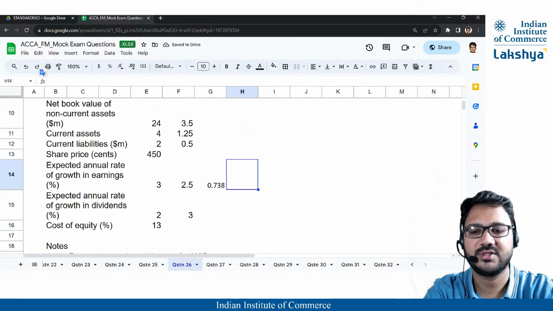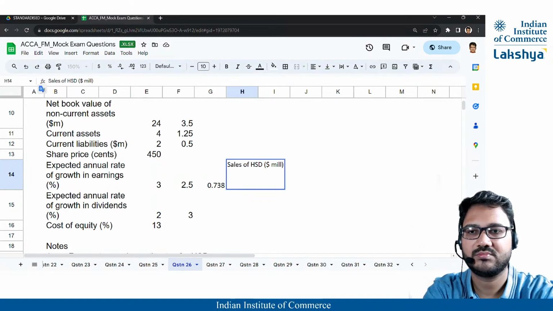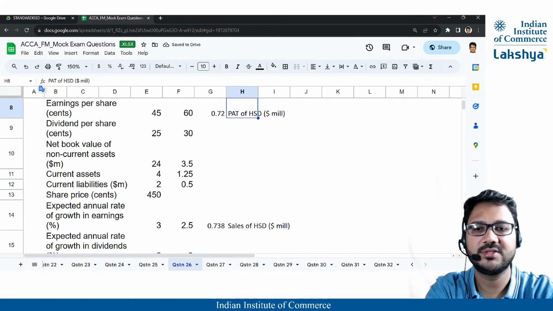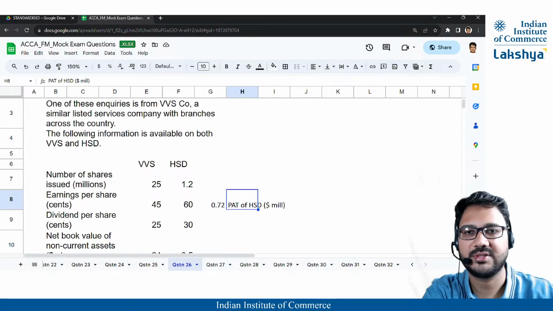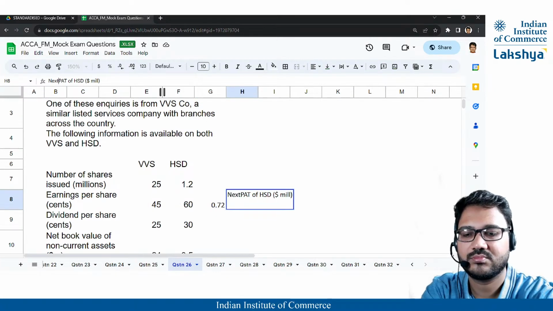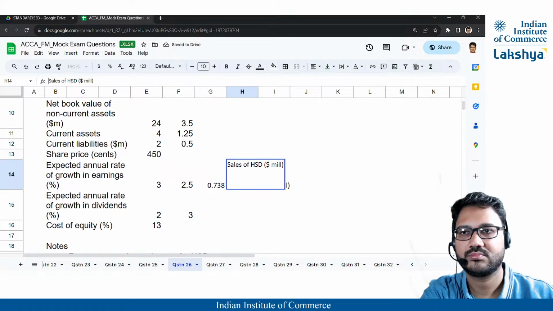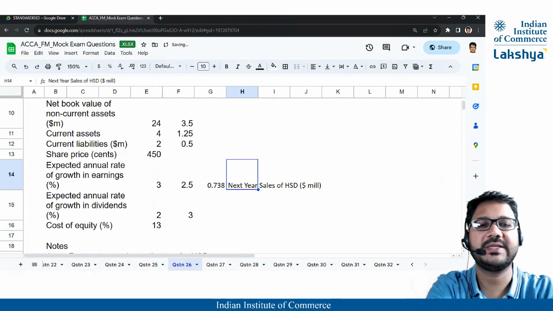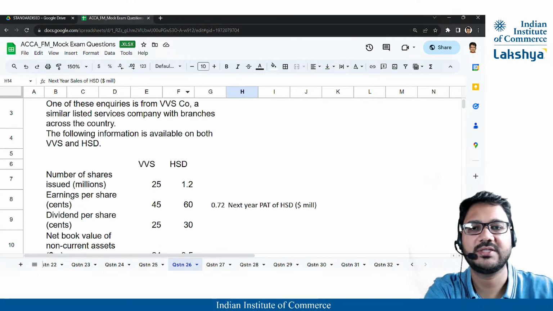The 0.72 is the current year PAT, and this is the growth in earnings, so we got the next year expected profit after tax.